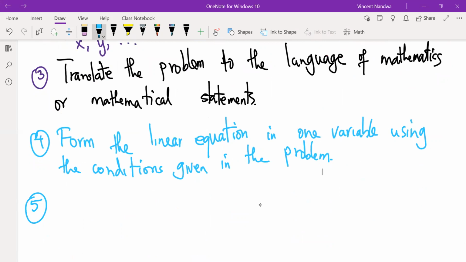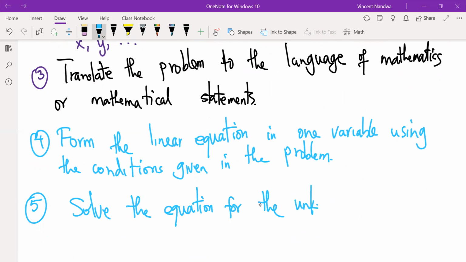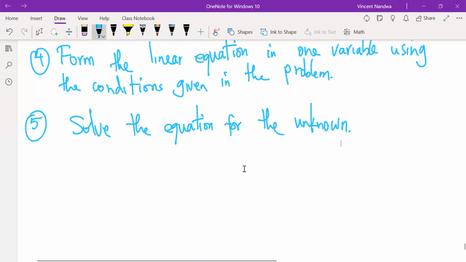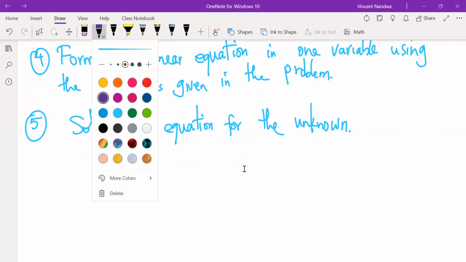Then five, solve the equation for the unknown from step 4. And then lastly, verify the answers you get with the given conditions of the problem, just to ascertain that what you are doing is the correct thing as per the question.